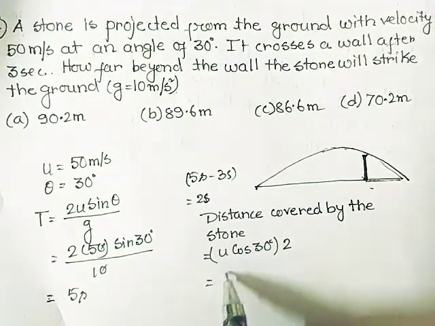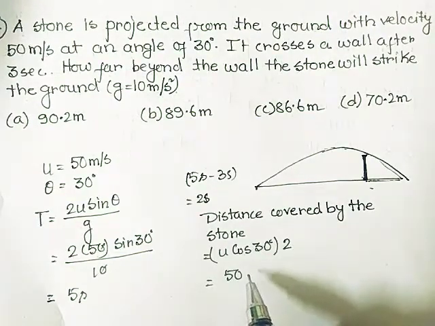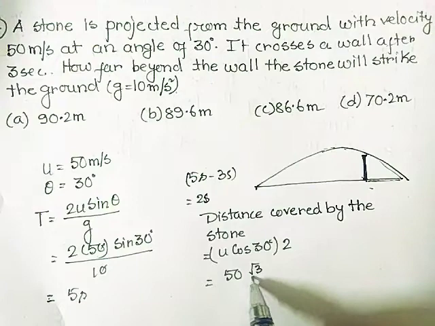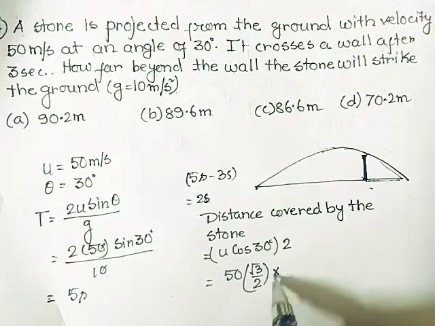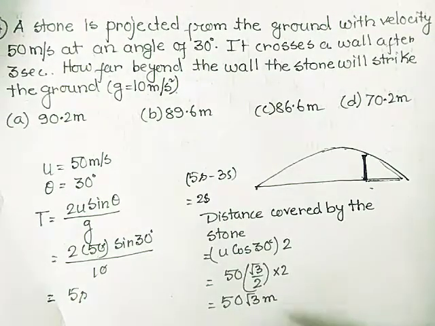So u is 50, cos 30 degree is root 3 divided by 2, and the time is 2. So the distance covered after crossing the wall is 50 root 3 meter.